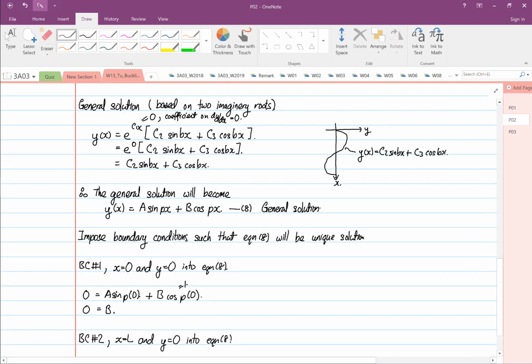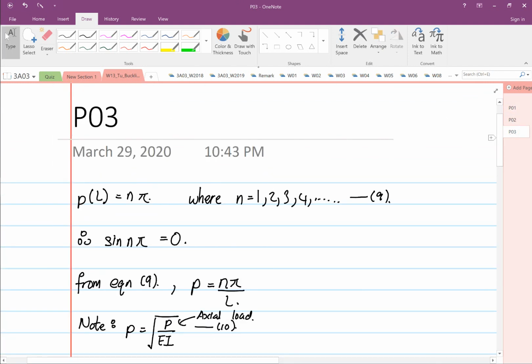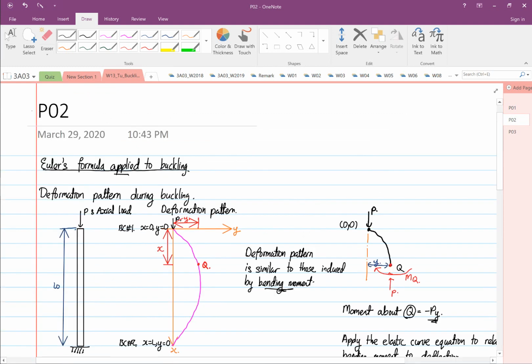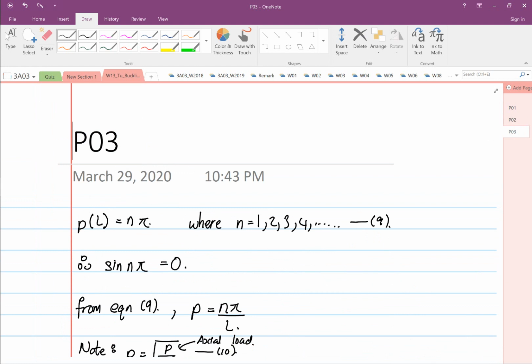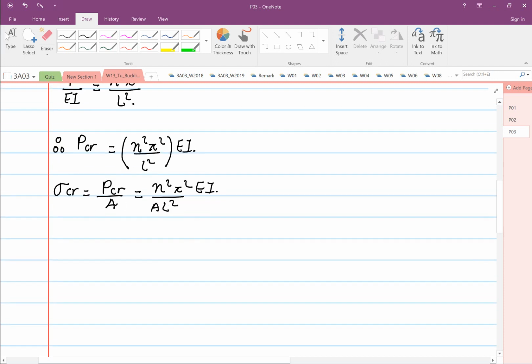A is the area that we look at. So the critical stress is equal to n squared pi squared over L squared A multiplied by EI.